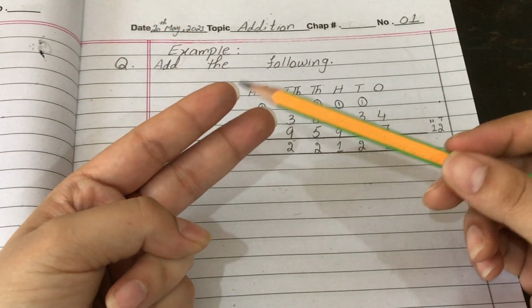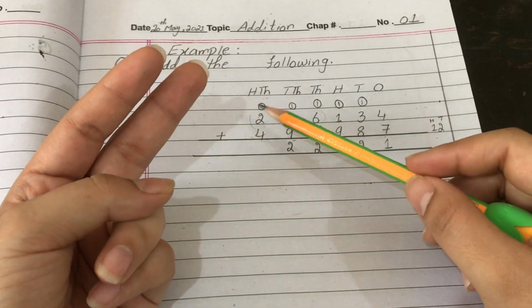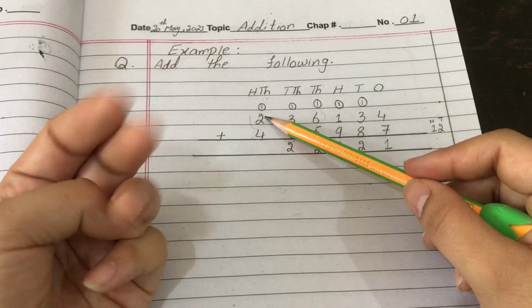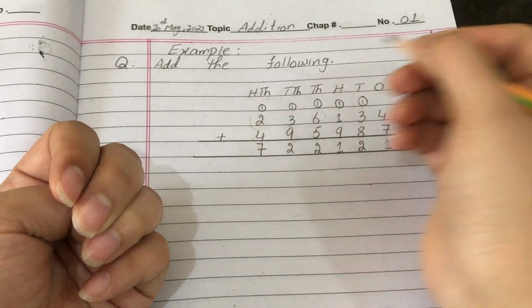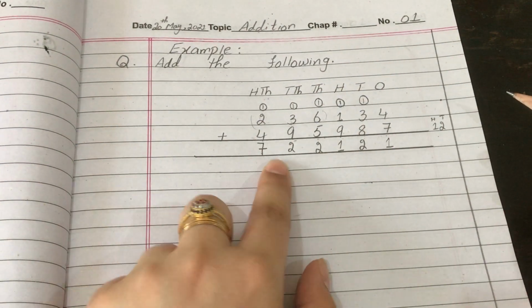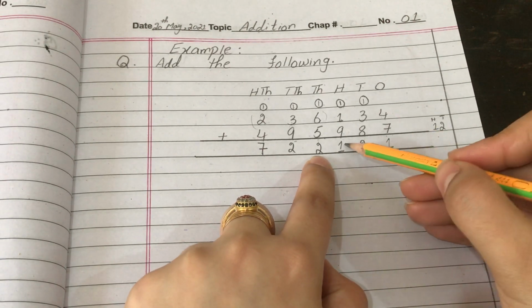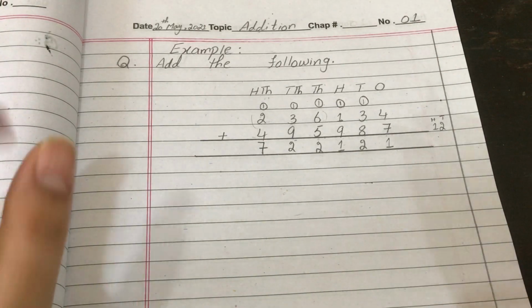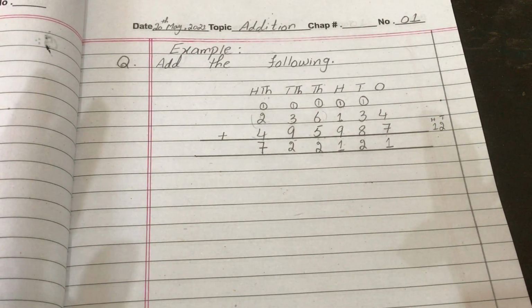So start counting after 4: yes, it's 5 and 6. And don't forget to add your carry, 7, right? 4 plus 2 is 6 and 6 plus 1 is 7. So your answer is 722,121. So students, hope you have understood the procedure of adding 6-digit numbers.